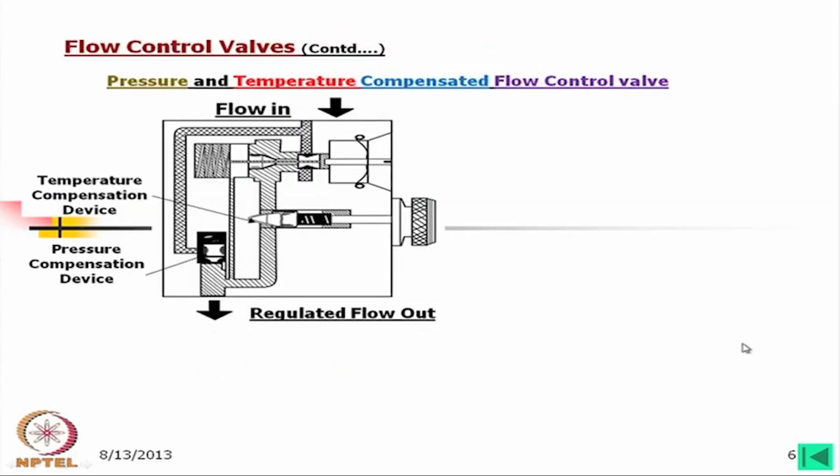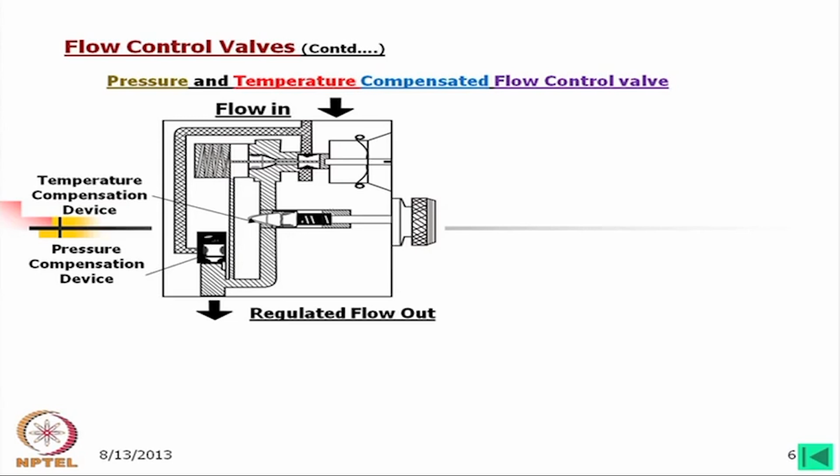However, this pressure compensation is not enough to keep the flow constant at the desired value, because due to temperature variation there is also a change in the orifice area.